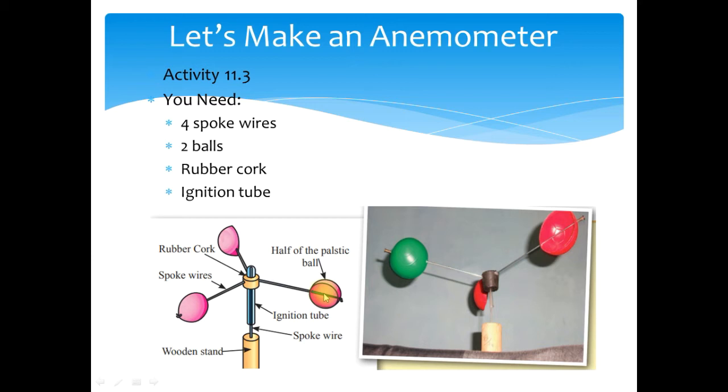Then fix the pointed end of the spoke wire to the cork at an angle of 120 degrees. Then insert the fourth spoke wire into the ignition tube and fix the setup onto a pole. Now you can use this model to measure the speed of the wind.